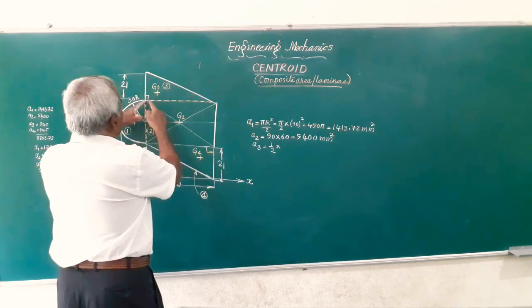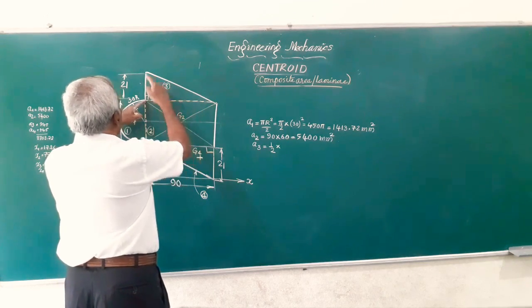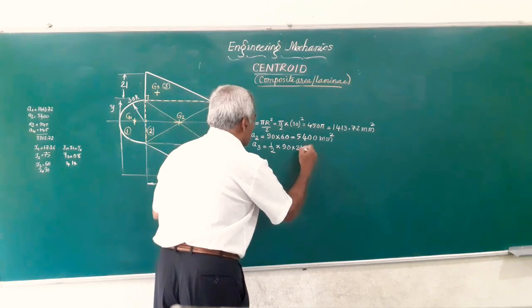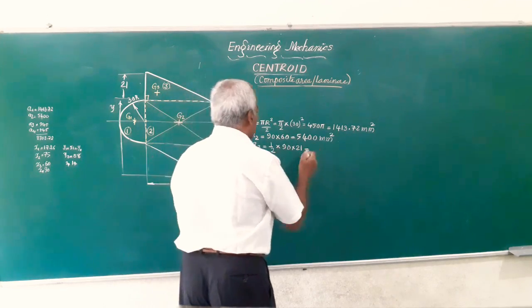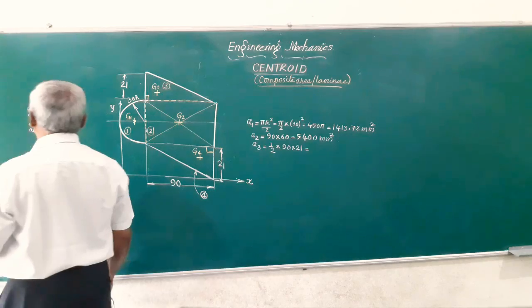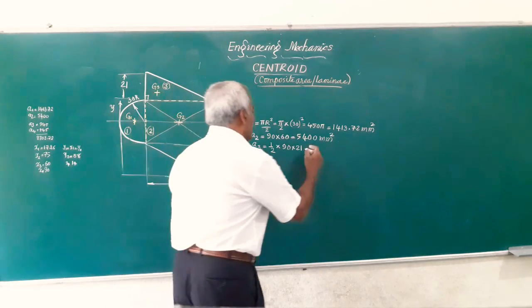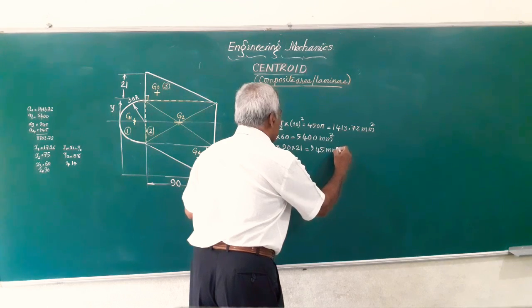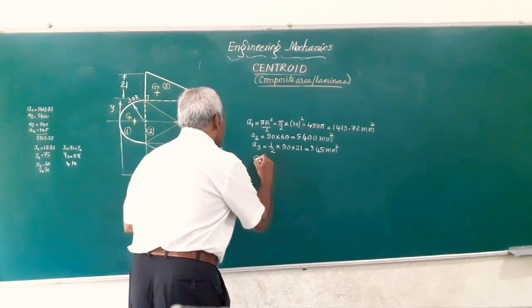Half of 90 into 21 is 45 into 21. This area 3 works out to 945 square millimeters.